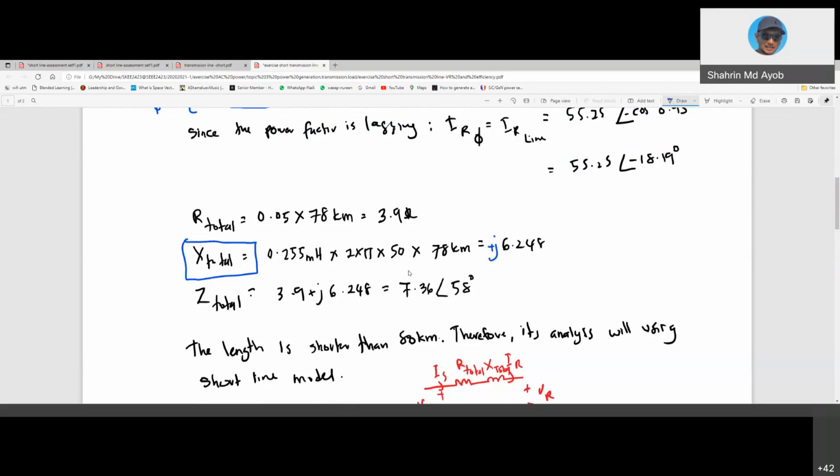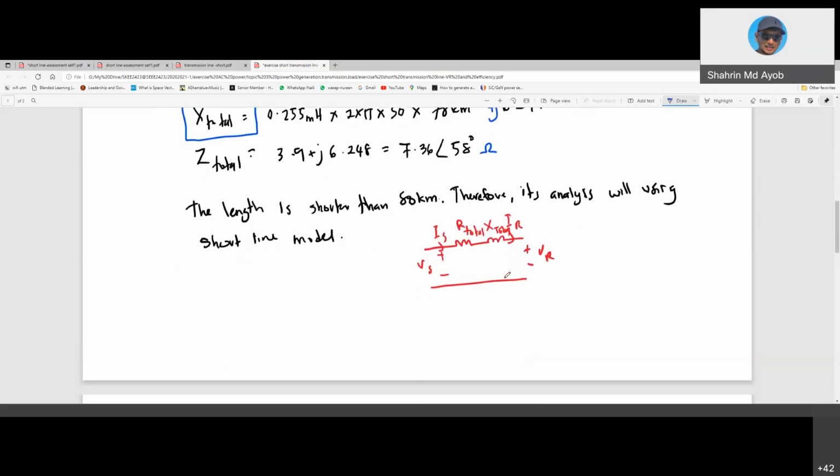So the total should be 7.36 with an angle of 58 degrees ohm. Since it's shorter than 80 kilometers, it is a short transmission line, so this is the model. For a medium transmission line, the model is different, because when you have a transmission line longer than 80 kilometers, there will be the effect of the capacitor.